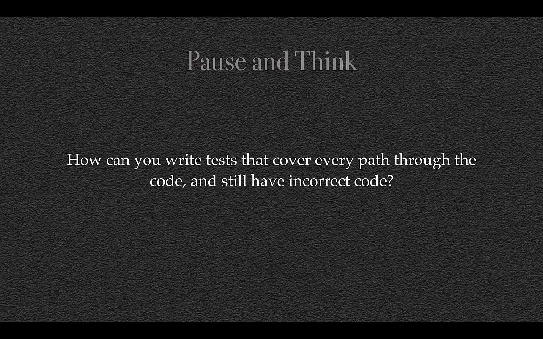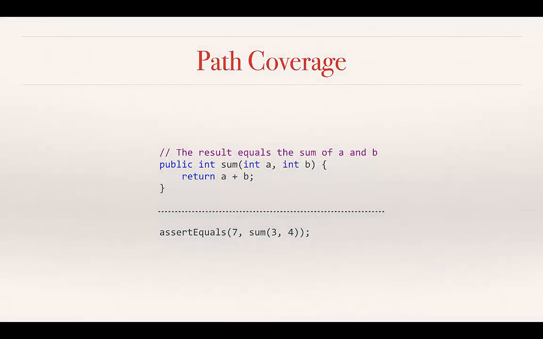Ready? Well, you certainly can write tests that cover every path and still have incorrect code. And the next slide gives an example of this. Here's a method with a single statement. Its specification says that the result returned from this method is equal to the sum of the 2 arguments.